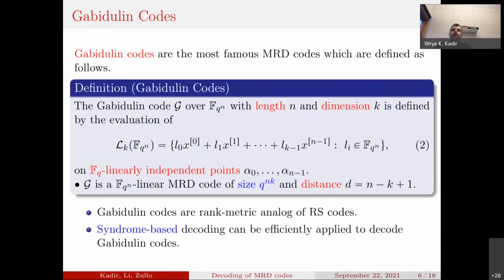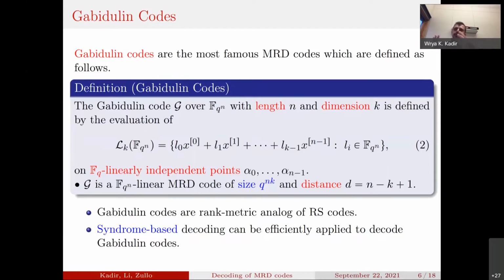Gabidulin codes were introduced by Gabidulin, Delsarte, and Roth independently, but we know them as Gabidulin codes. They are the most famous MRD codes. Gabidulin codes are evaluation codes, and the Gabidulin code with length n and dimension k over F_{q^n} is the evaluation of the linearized polynomials of the form that can be seen here on F_q-linearly independent points alpha_0 to alpha_{n-1}.